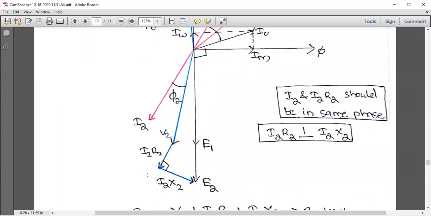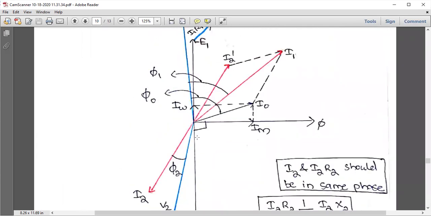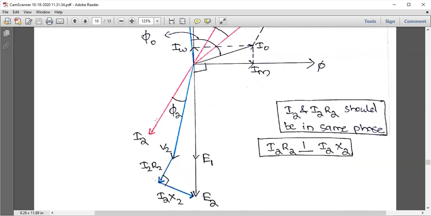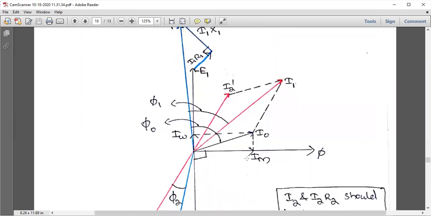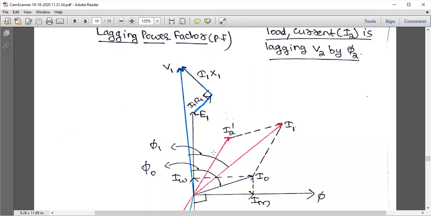So I am bringing you step by step. I0, IW, IM, I1, I2 dash, I2, E1, E2, everything is familiar. So you know why we drew like this, why they are lagging, why they are leading, what is phi 1, what is phi naught, everything already explained. So we will bring the inductive load condition.